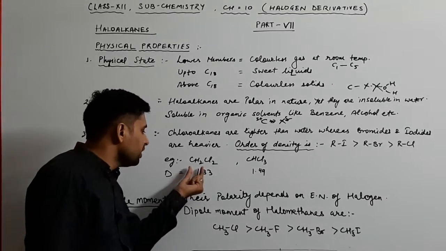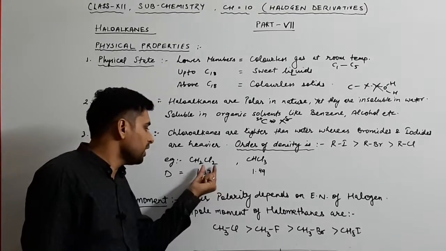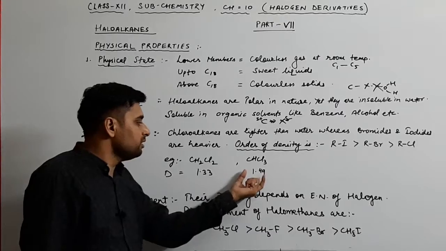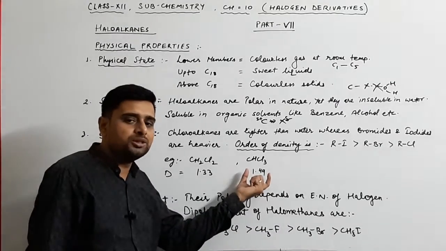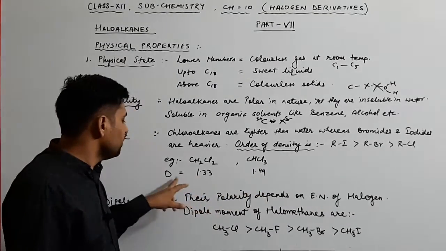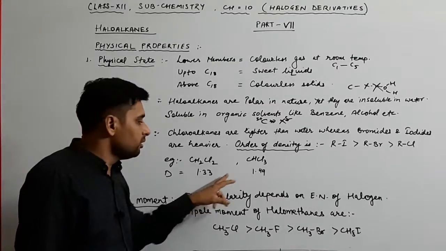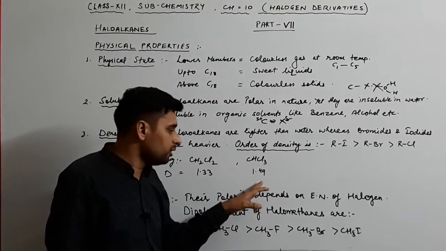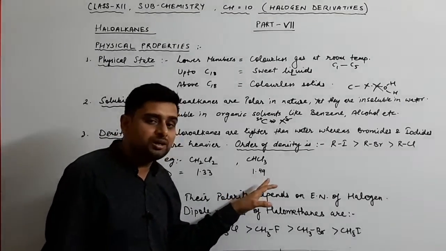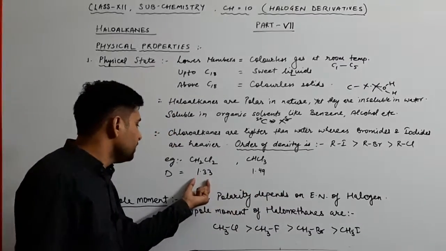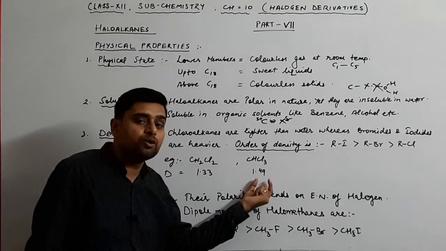See, this is the example to show the density increase in haloalkane compounds. Students, this is CH2Cl2, dichloromethane, and this is chloroform, trichloromethane. In dichloromethane the density is 1.33 but in chloroform it is 1.49. Why does the density increase in chloroform?